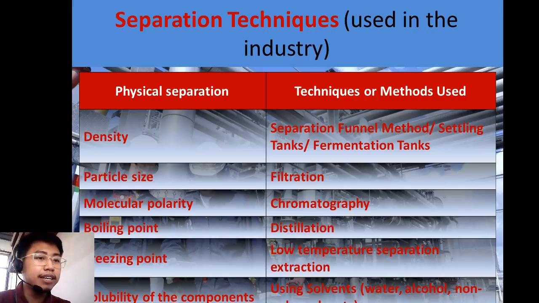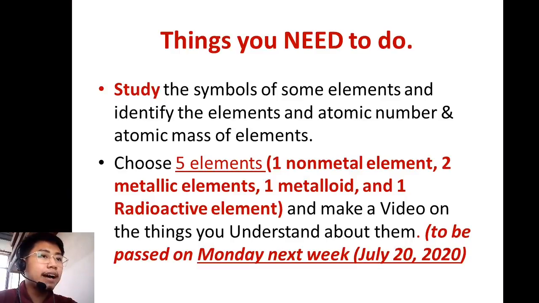Then for freezing point, we have low temperature separation or extraction. Then solubility of the components, using solvents like water and alcohol as the polar solvents, and non-polar solvents like hexane and chloroform. And there are a lot of solvents that you can use.